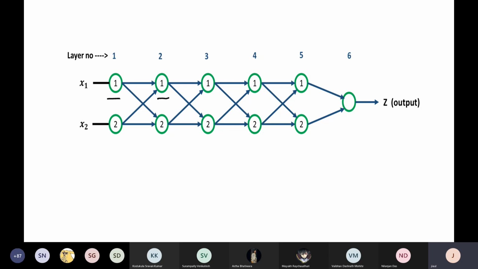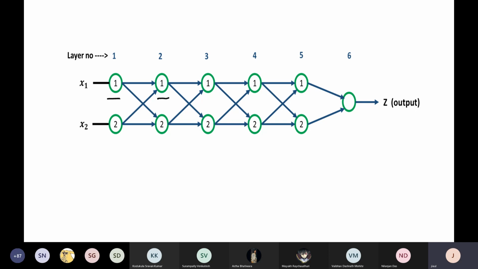Now people have identified some of the problems with this, in particular when you are doing deep neural networks, because you are going through multiple transformations.